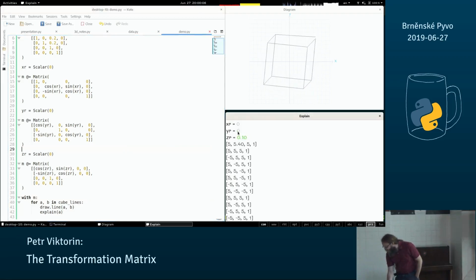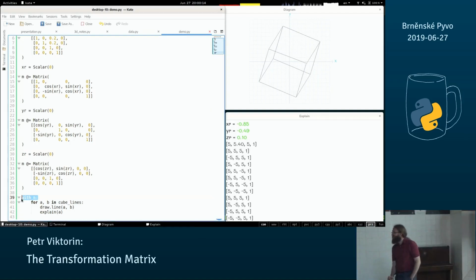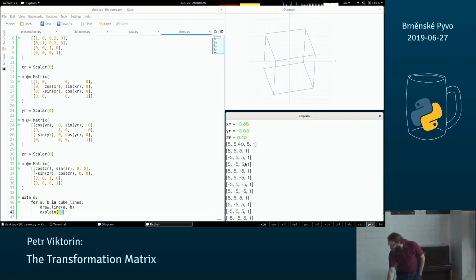I can rotate it in Z, against X, Y, against that. All I'm doing here is telling the computer, please apply this matrix to everything you draw. So in here, all the points are drawn. I don't have the fancy and slow explain stuff, but it still works.